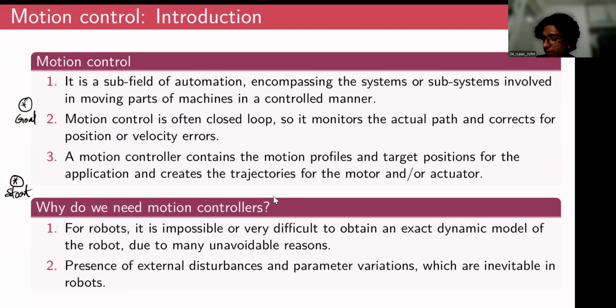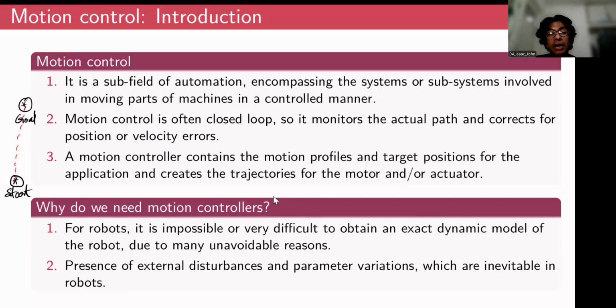So once you have developed a path like so, the purpose of a motion controller is to ensure that the robot follows this set trajectory, right?